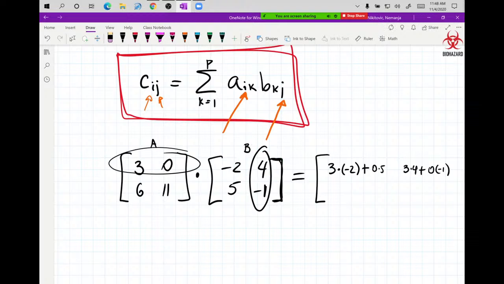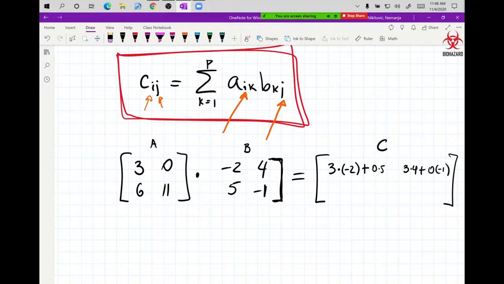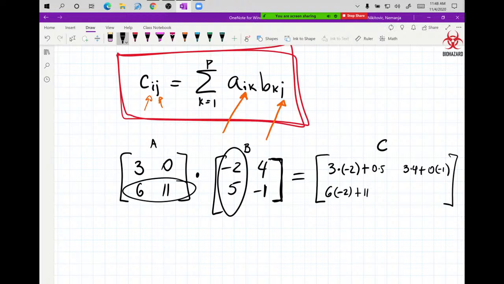Again, I use the first row and I use the second column, so that's 1, 2, and the dump location is 1, 2. Now we are going to go to the next row, and the next row is 6 and 11, and that's going to be multiplied into the first column. So now I have the 2, 1 location, so 6 times negative 2 plus 11 times 5.